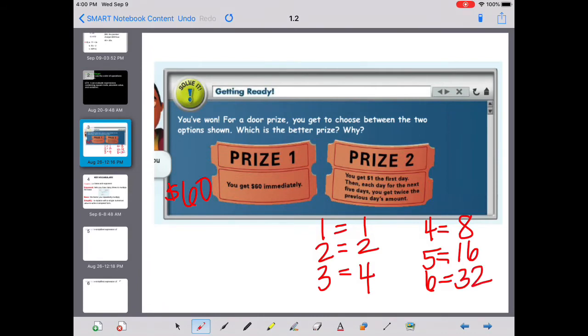So if I add all of those amounts up, it's $48 just with these two, plus another 8 is $56, plus 4, there's $60 right there. So I'm actually getting $3 more if I choose prize number 2.